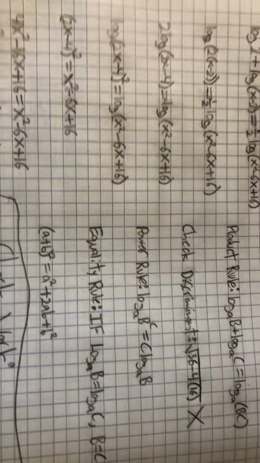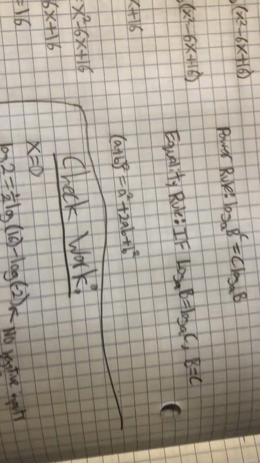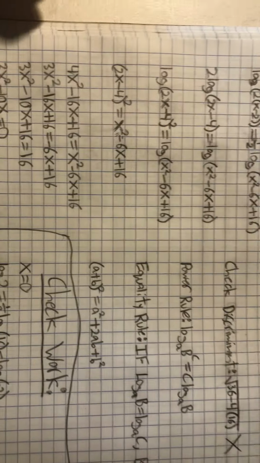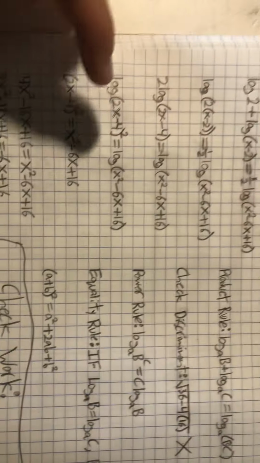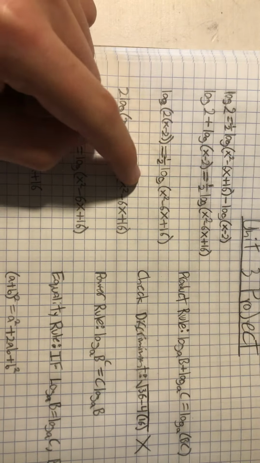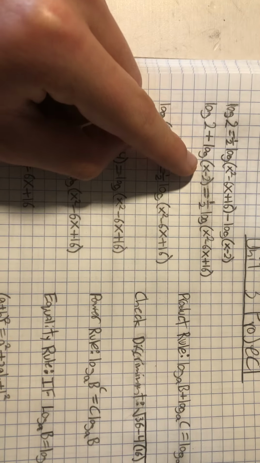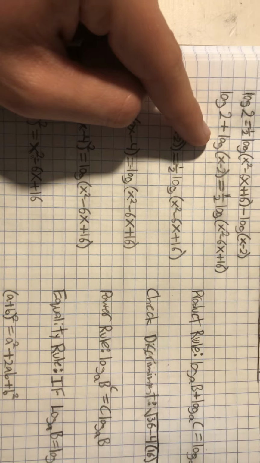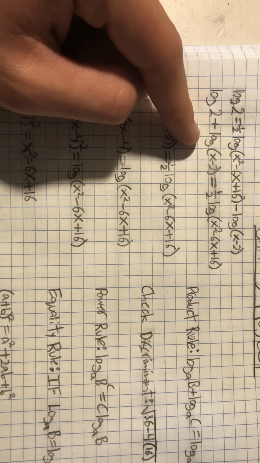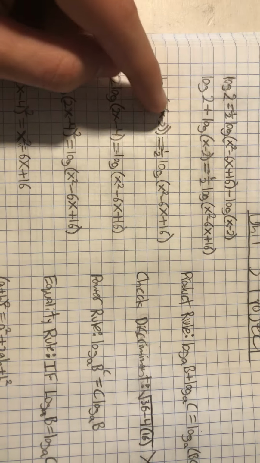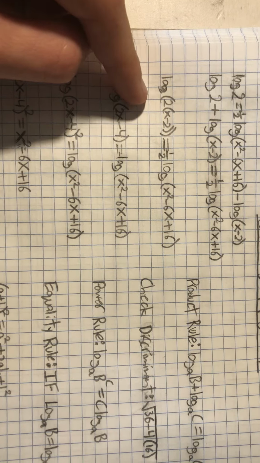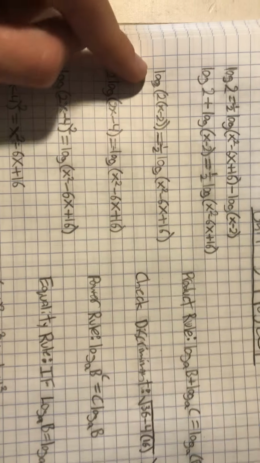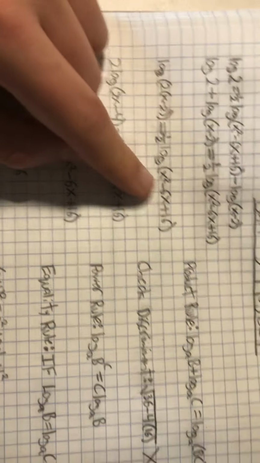Okay. Now the other thing that I think you can get stuck on, other than just not being prepared with the rules, is knowing that you need to add. Because, and I'll show you in my extra problem, it'll be even harder. But in this case, I added log of x minus 2 to each side, which made it a lot easier. Say I didn't add it and I just had log of 2, and then say I multiplied everything by 2 still, so I can get rid of the 1/2.